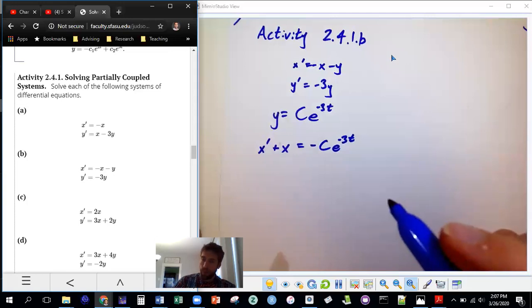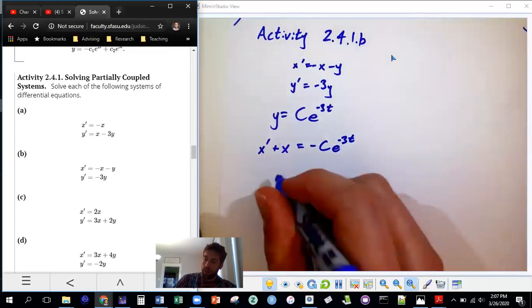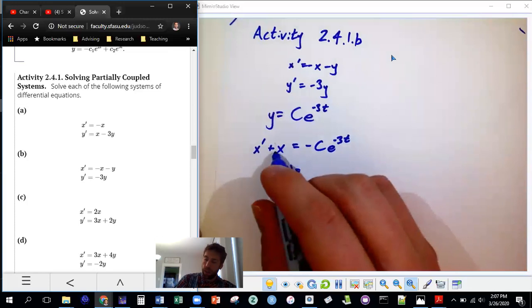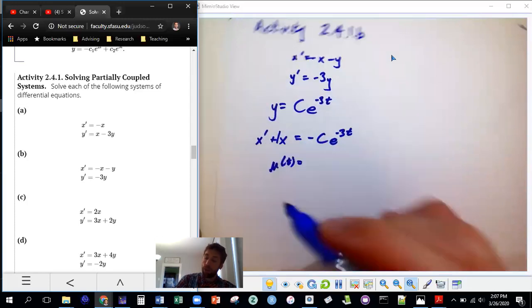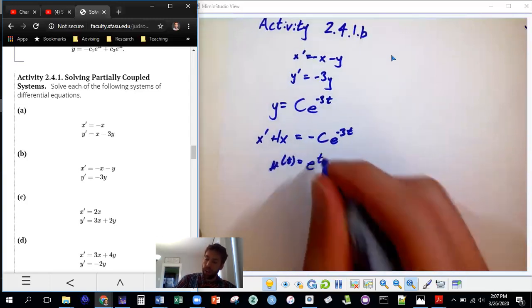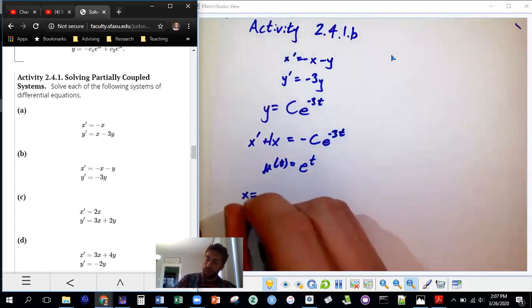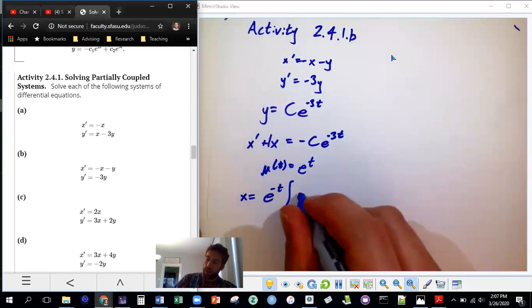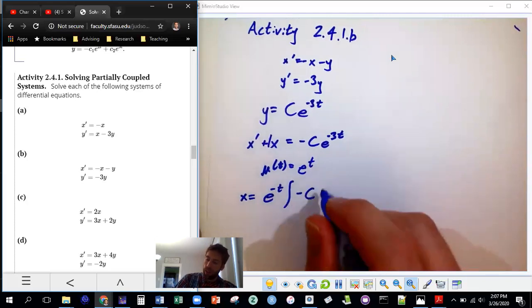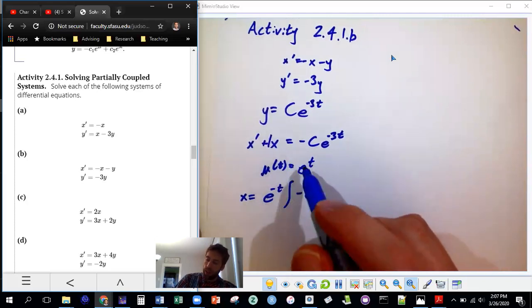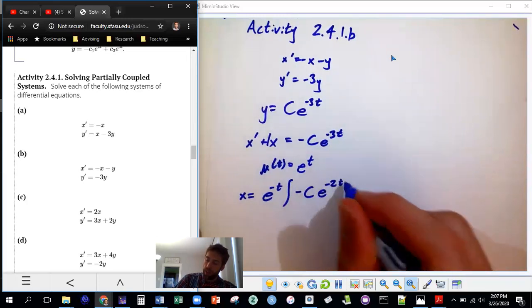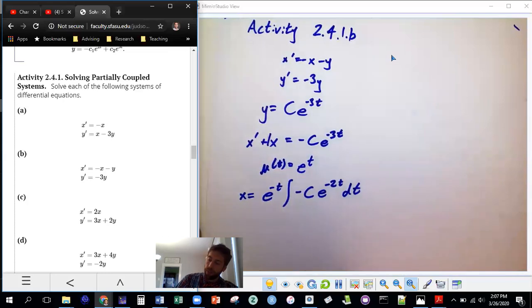Now, what we do is that the integrating factor is e to the power of the integral of 1, so e to the t. So x equals e to the negative t times the integral of negative c, and then e to the t times that e to the negative 2t dt.